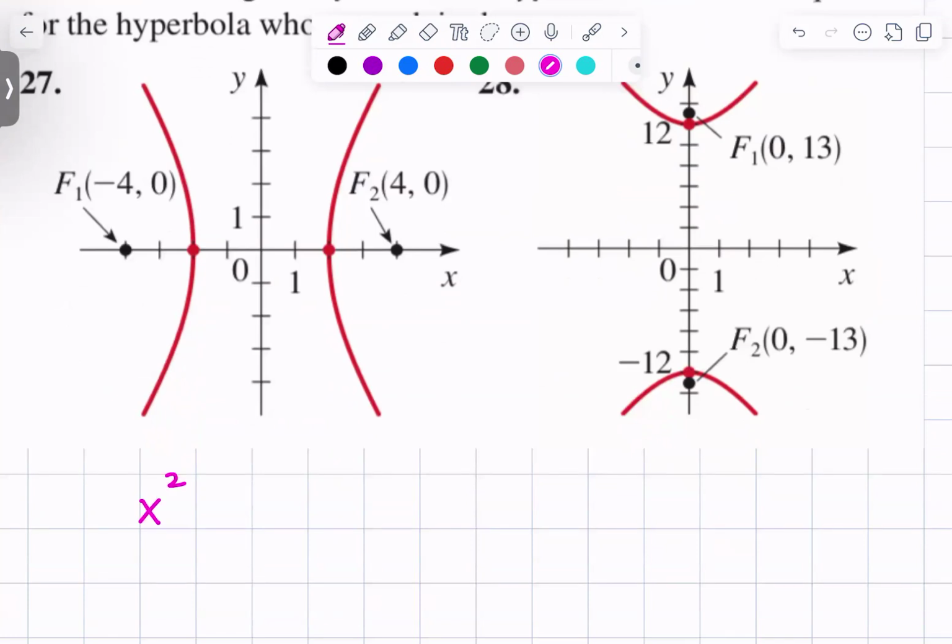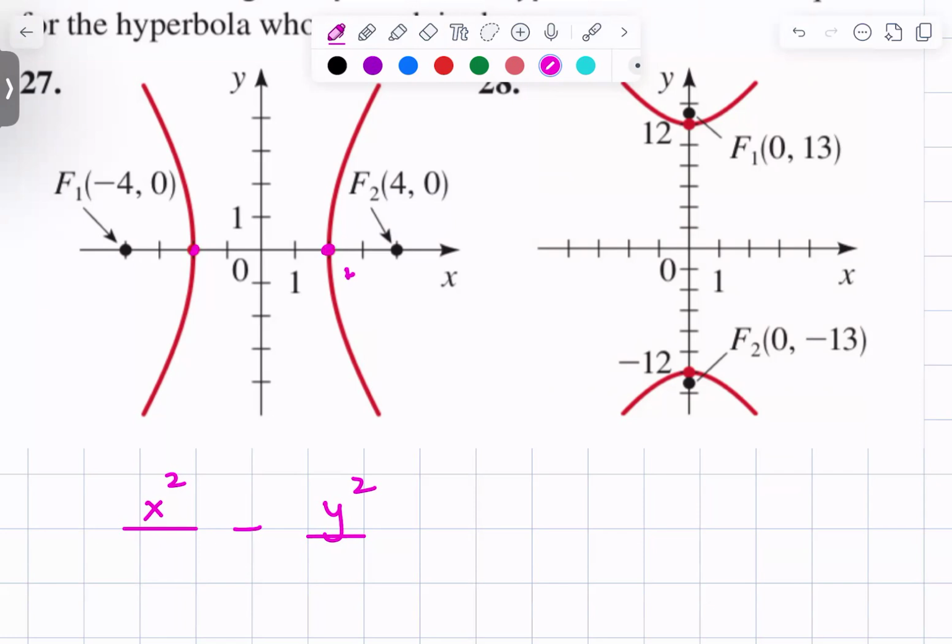x squared minus y squared, right? Over a number and over a number, right? And so I know my vertex is here, or my vertices.